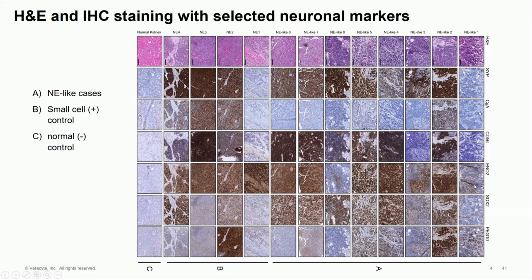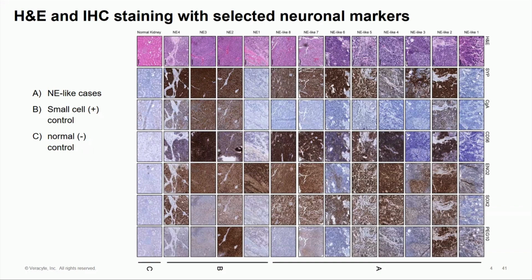The patterns across the board are very consistent. The only one that's different is chromogranin A, which is interesting, and probably has something to do with the differential pathways for neuroendocrine tumors. This strongly supports the idea that these neuroendocrine-like tumors, even though they look like conventional carcinoma, are actually neuroendocrine.